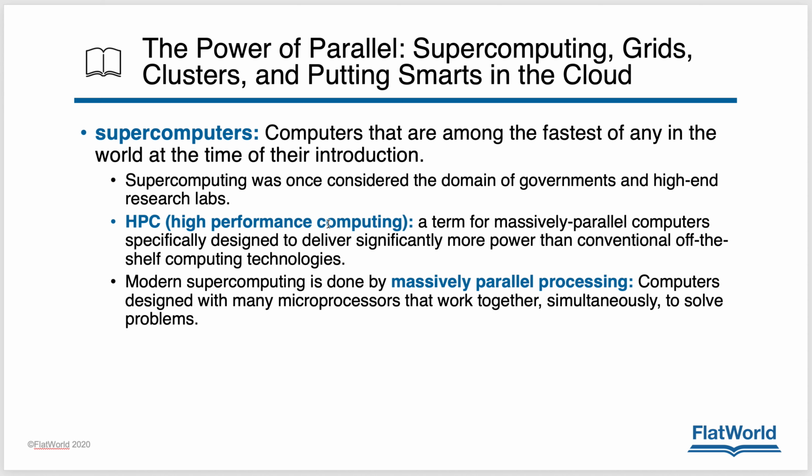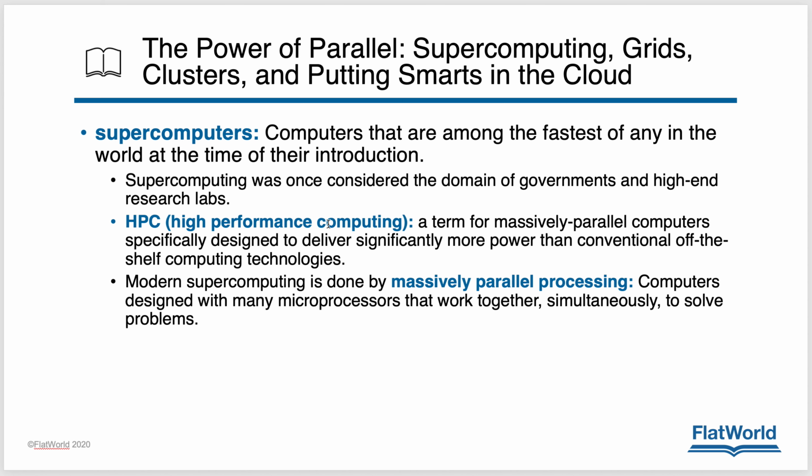So high performance computing means massively parallel computers specifically designed to deliver more power than conventional off-the-shelf computers. By parallel, it means if you could separate the tasks into things that can be done at the same time, you would have processors that could do them all at the same time. Think of a network diagram in project management.